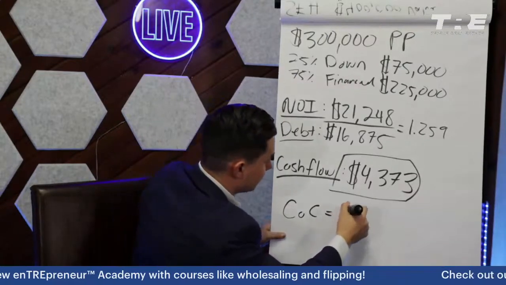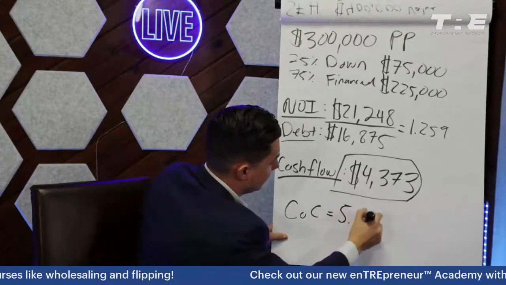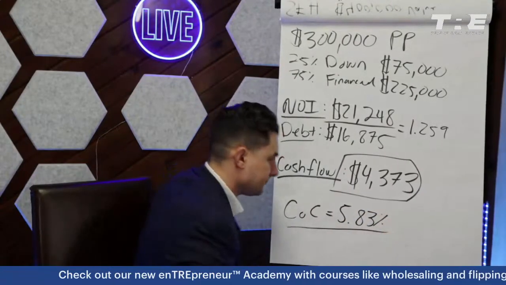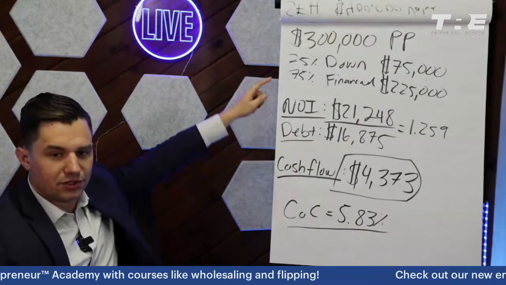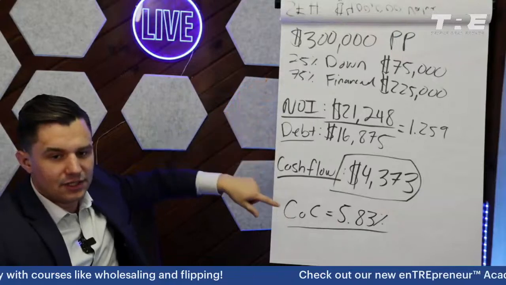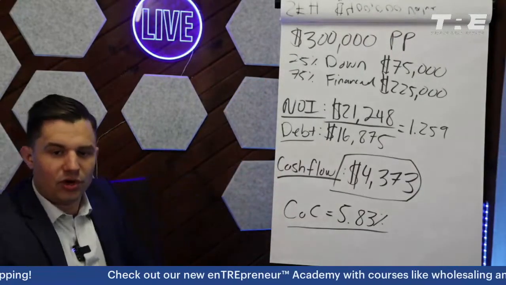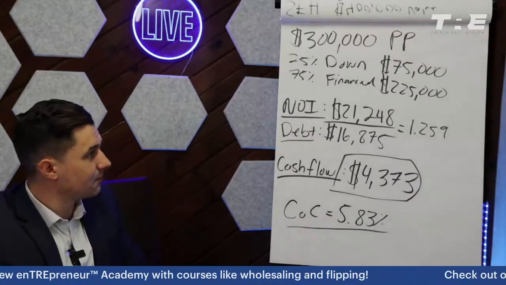Yeah, it's not great. 5.83%. So this is your cash on cash return. You put $75,000 in, you get 4,373 back. That is 5.83% on the cash that you put into the deal.